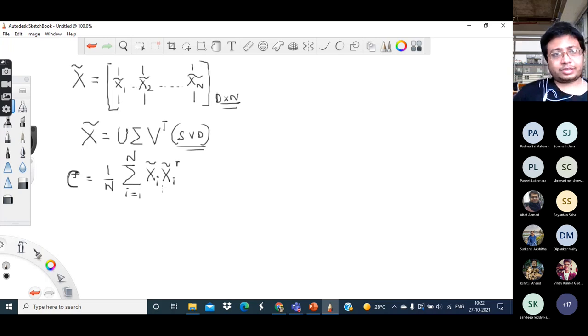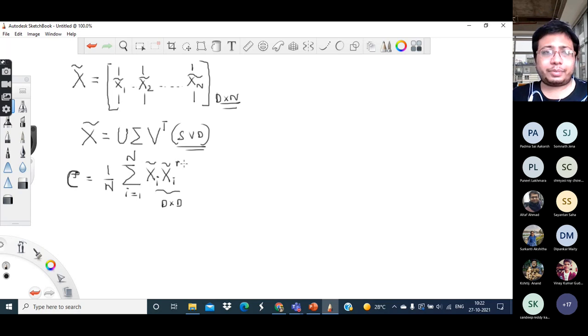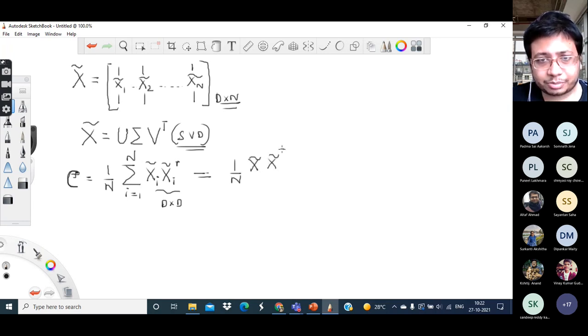Okay, this is the C matrix. As I have said earlier also, this is a D cross D matrix. Now my claim is that this matrix is nothing but 1 by n X tilde X tilde transpose, where X tilde is defined in this way.